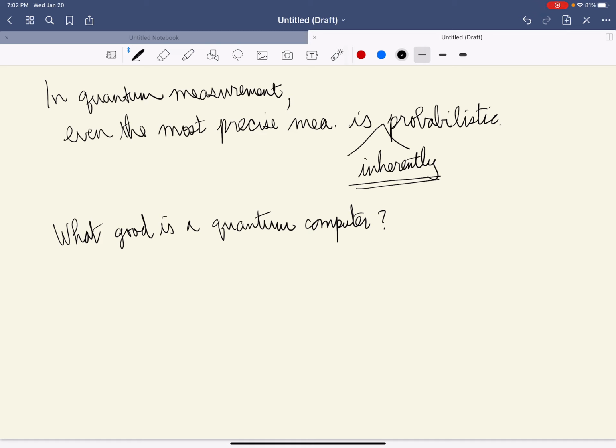Well, then why do we even bother to understand and even try, spending millions of dollars to build a quantum computer when the best answers you can ever hope to get from a quantum computer is going to come with some probability?